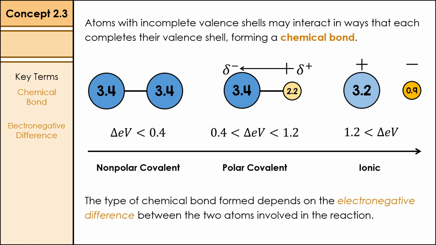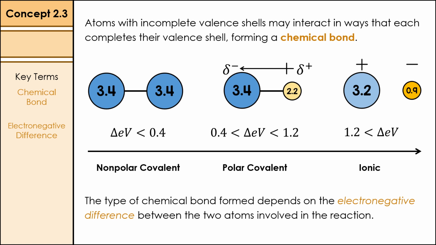And then if we have a severe difference between the electronegativities of our atoms, we will get complete differences in charge. This is where we lose electrons, we gain electrons, there's no sharing involved. Everyone is very greedy or just really passive about where their electrons are.